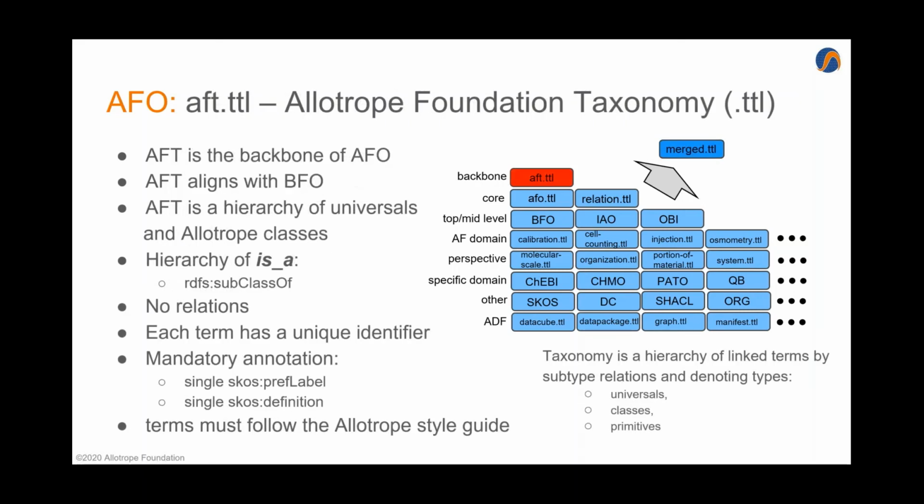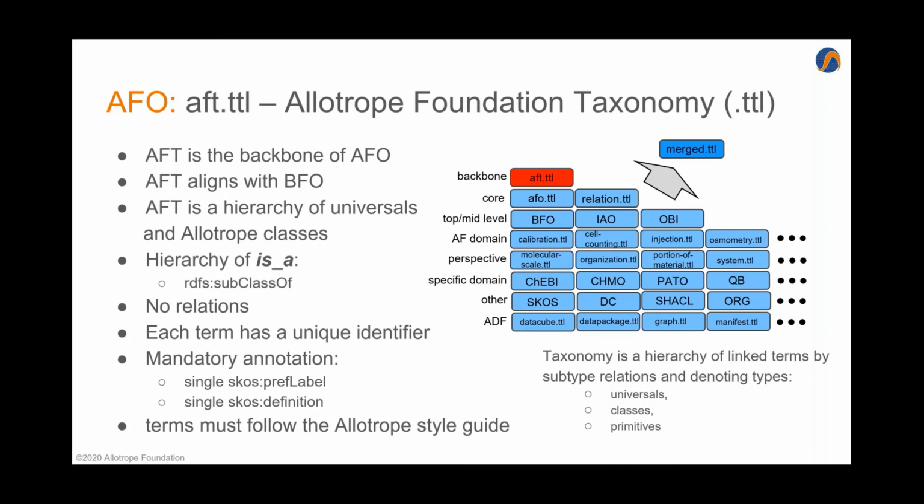At the top, the backbone is the Allotrope Foundation Taxonomy, the AFT. The AFT aligns with BFO that we have just seen. AFT is a hierarchy of universals, meaning that the hierarchy has no relations other than subclass of. It's a taxonomy. It's a tree.